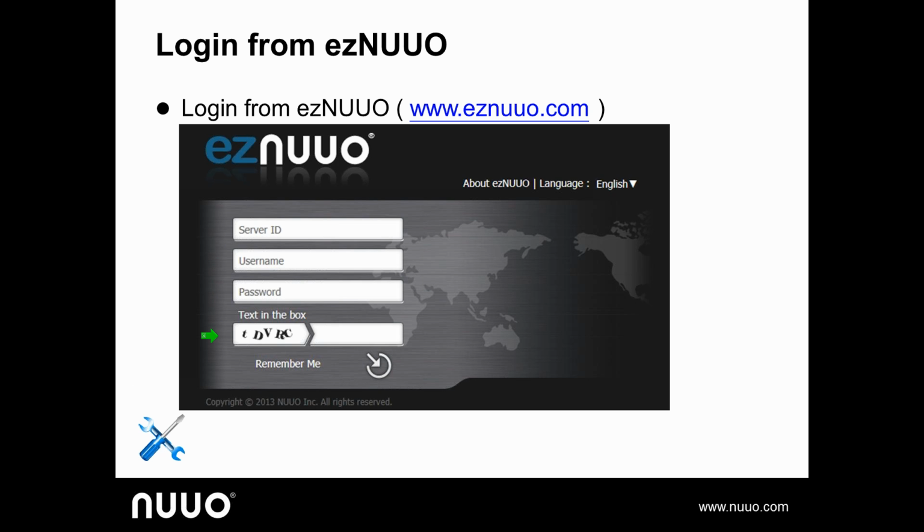So you can simply skip all the complicated router setting, port forwarding, and you don't have to memorize the IP of your NVRsolo. Just a simple server ID, and you can easily access your NVRsolo.